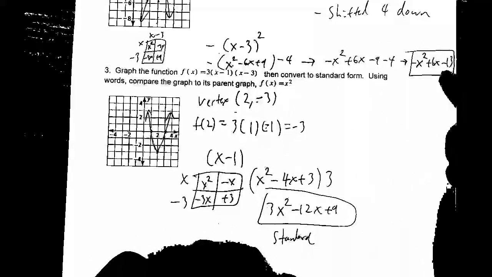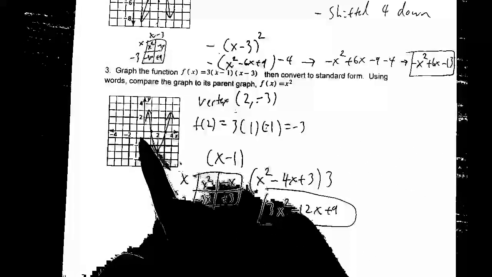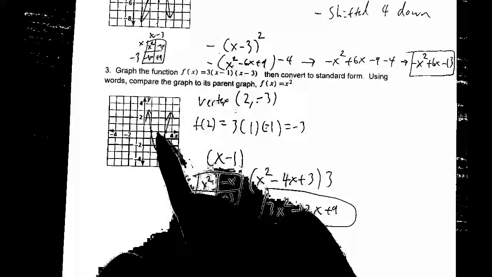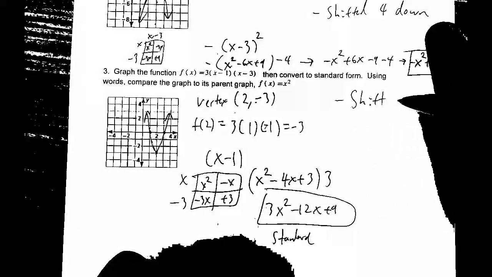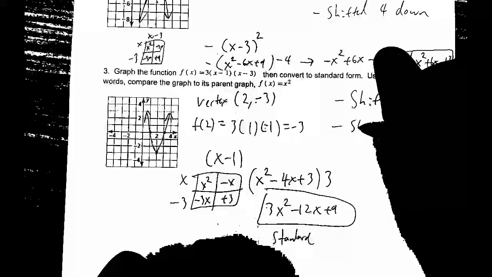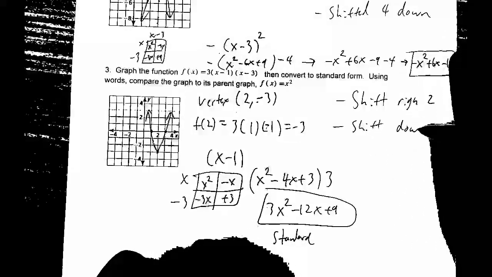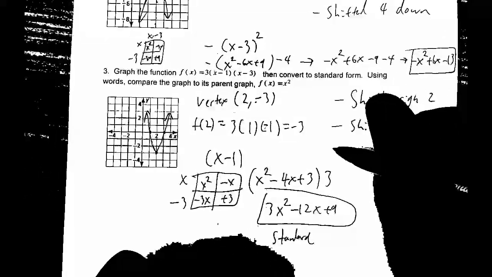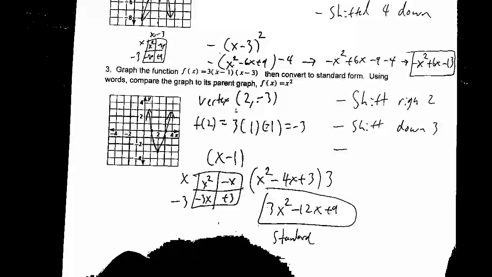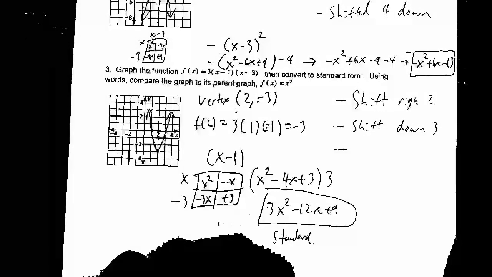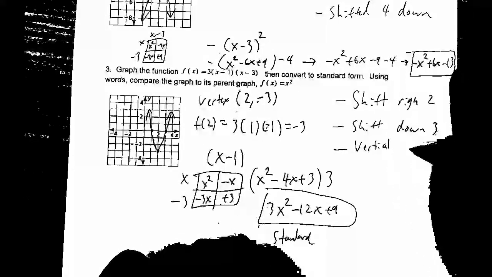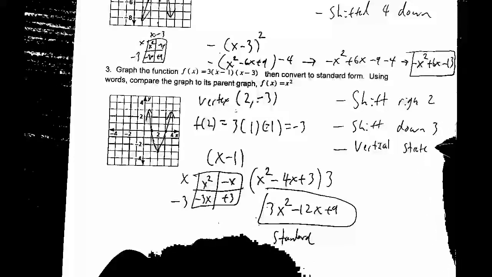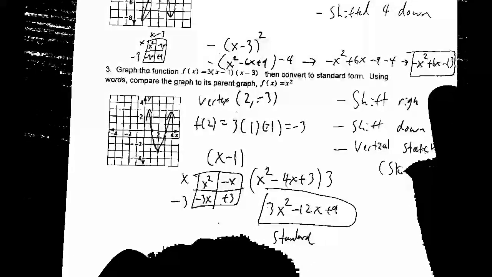Well, it's been shifted 2 right and 3 down. You just look at the new vertex. And it's got this 3 out front, so it's got a vertical stretch of 3, which means skinnier.